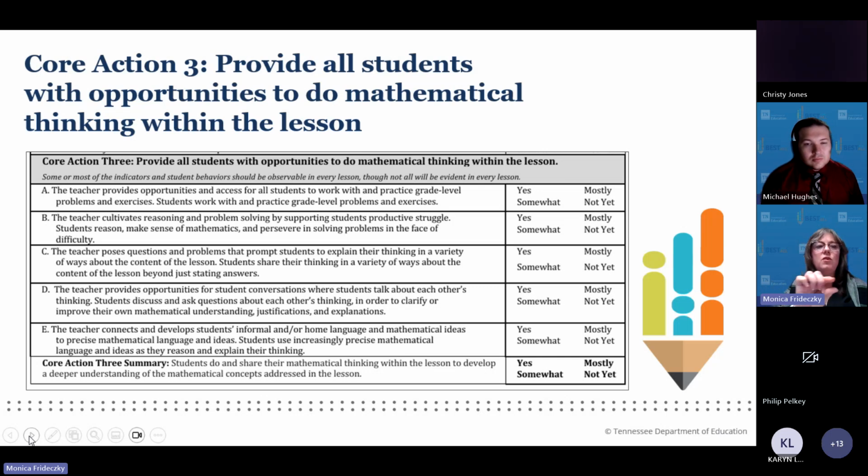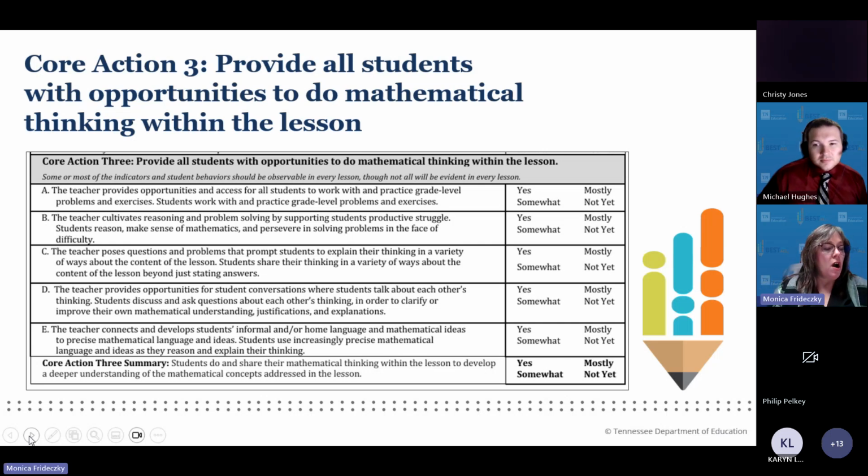So you'll notice that in A, B, C, D, and E, those statements start out with the teacher, the teacher, the teacher. The teacher does this thing so that the next part of the statement is the students are doing such and such.